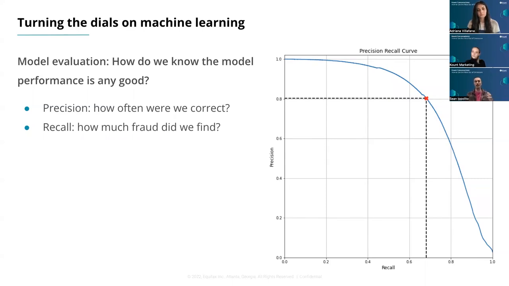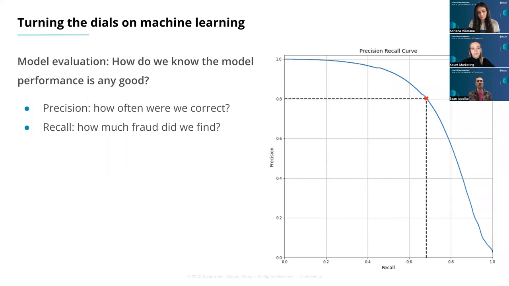So really, precision is how often we were correct, and recall is how much fraud we actually found. Using this graph as an example, say we have 100 observations identified at a specific point. 20 are false positives, really incorrectly identified as fraud. 80 are true positives, correctly labeled as bad or fraud.